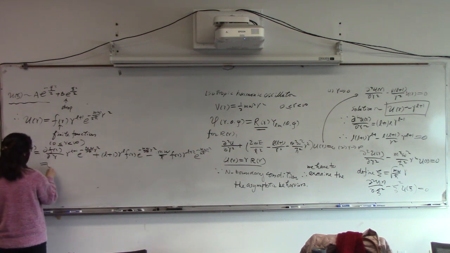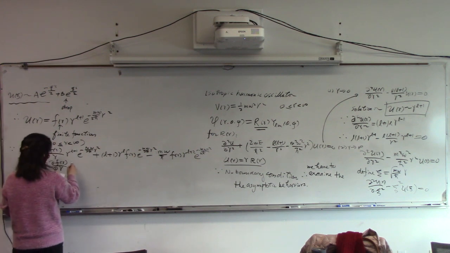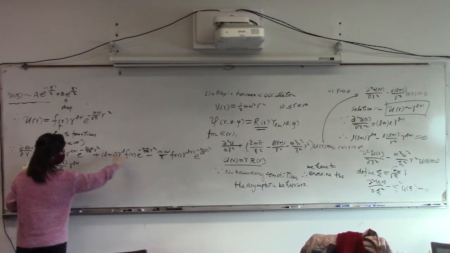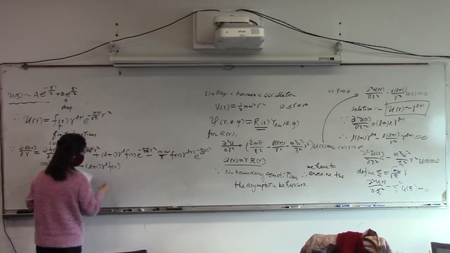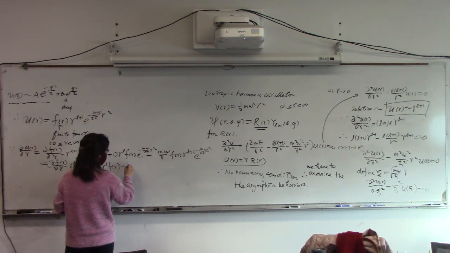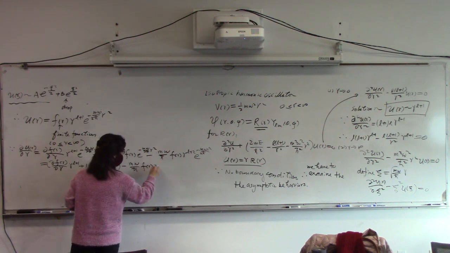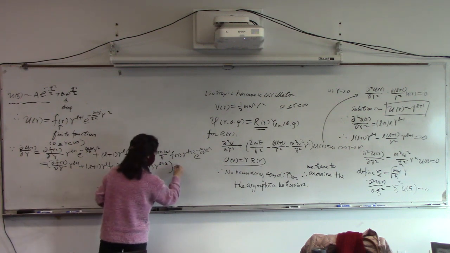Inside we have partial f(r), partial r, and keep this, the exponential term taken outside. And plus l plus 1, r to the l, and minus m omega over h bar, f(r) r to the l plus 2. And outside is the exponential.